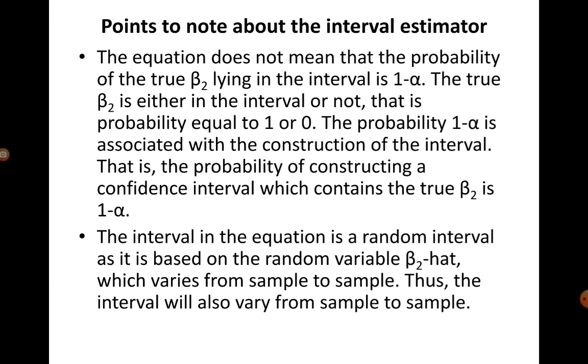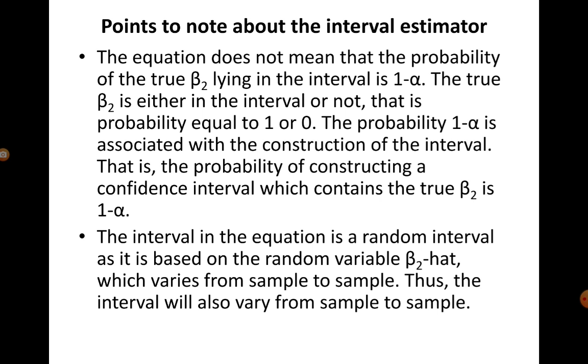So this probability of 95% is associated with the construction of the interval. I am saying that the probability of constructing a confidence interval which contains the true beta 2 is 95%. Or in other words, I am saying with 95% confidence levels, we can construct successfully a confidence interval which contains the true beta 2.